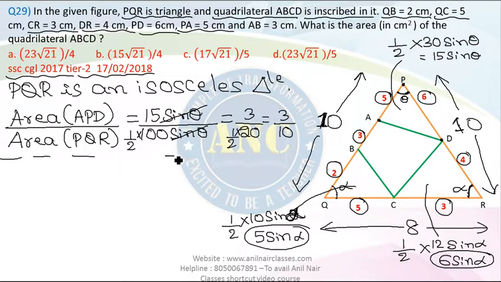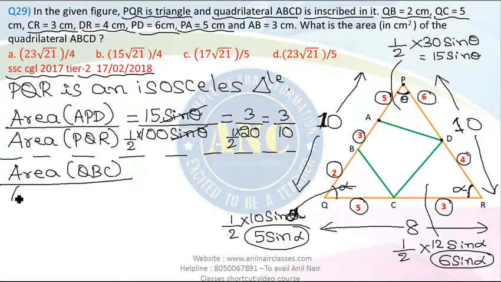Similarly, I have another triangle, that triangle is nothing but BQC. Now if I take the area of that triangle BQC, or QBC, with my outer triangle PQR, once again I take the ratio.